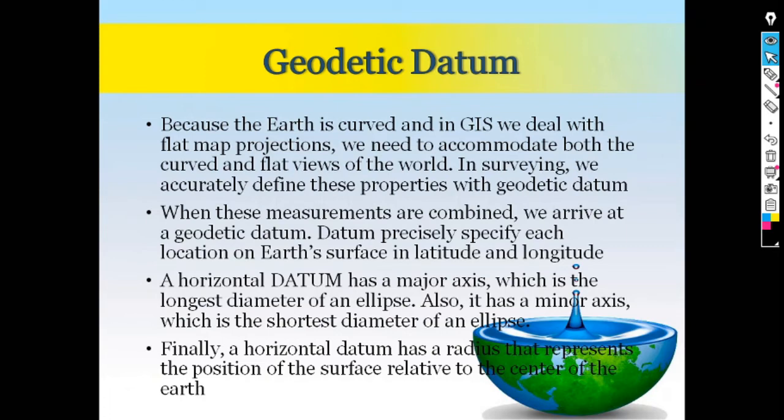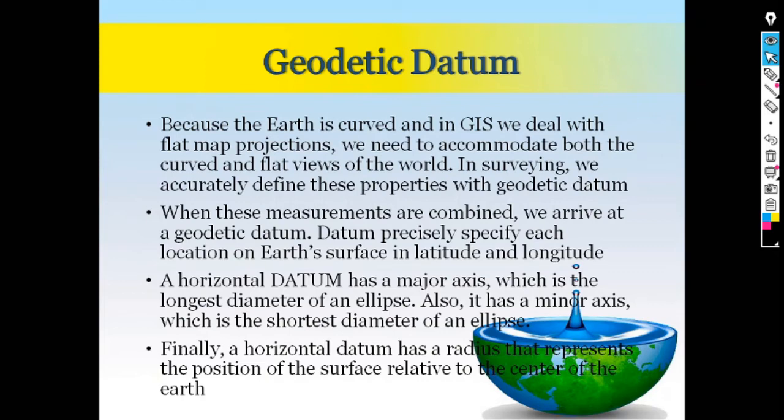In surveying, we accurately define the properties with a geodetic datum. When these measurements are combined, we arrive at a geodetic datum. A datum precisely specifies each location on Earth's surface in latitude and longitude.